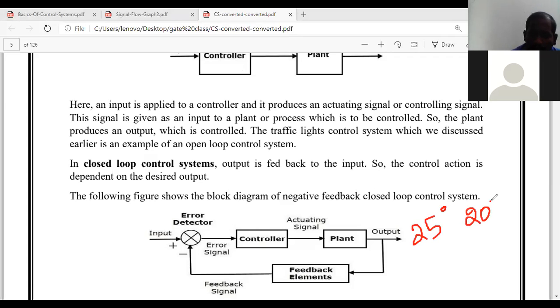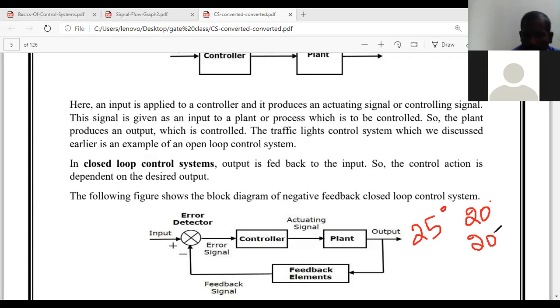What will happen in the AC? The difference is fed back to the input and it will allow more cool air into the room. Once it reaches 20, what will happen? It stops, and the temperature is maintained at 20 degrees Celsius.